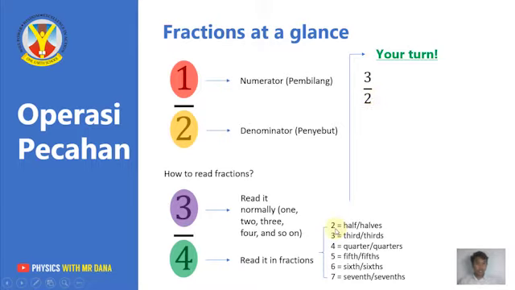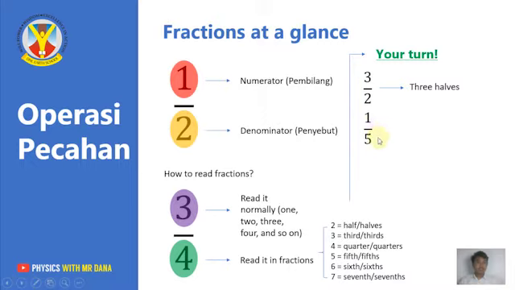You can choose either half or halves. Which one will you choose? Look at the numerator. The numerator is 3 and 3 is more than 1, so you need to choose halves with s.